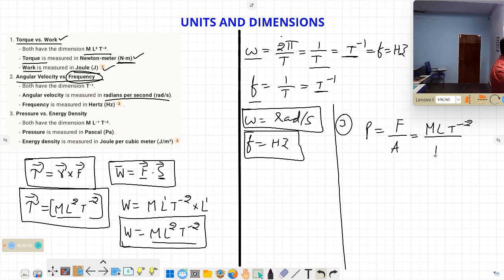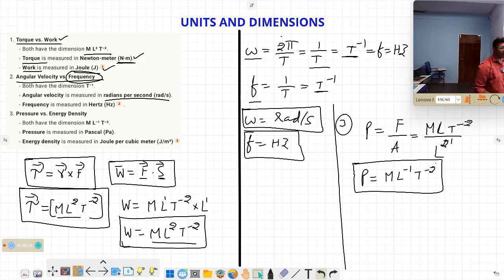So the area dimension formula is L^2. Here one L we can cancel, following the mathematical procedure. P is equal to ML^-1T^-2. This is the dimension formula for pressure.